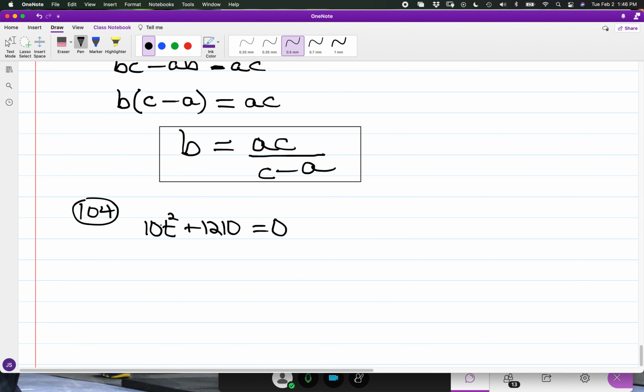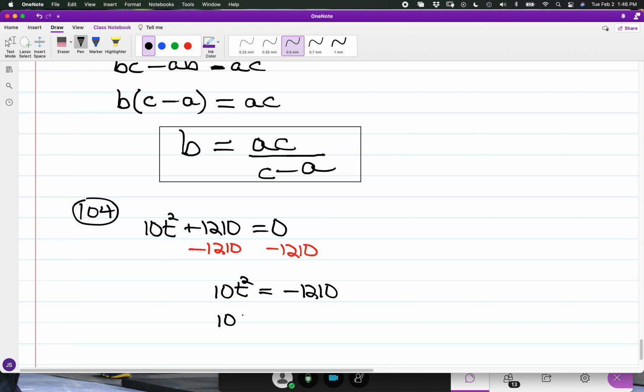I could either divide by 10 from the get-go or divide by 10 later on. Just like the previous exercises, I can get the variable term by itself, so you have 10t squared is equal to negative 1210.